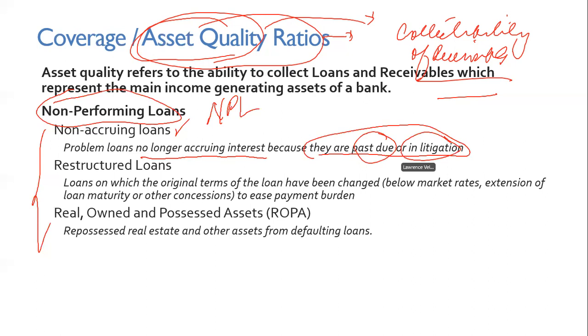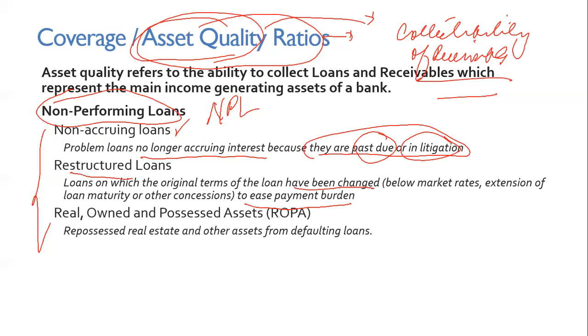So hindi ka na pwedeng mag-accrue because nawawala na yung probability that you'll receive the benefits of interest out of this loan. Second, restructured loans, loans on which the original terms of the loan have been changed to ease the payment burden. That's called a non-performing loan.